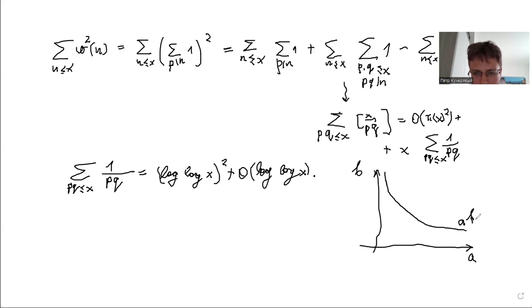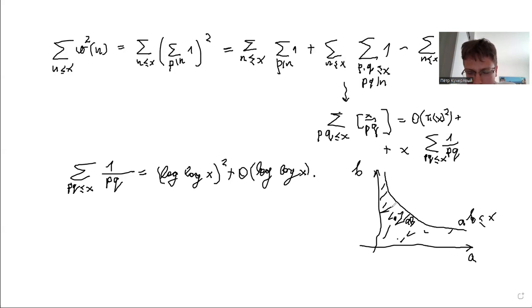AB is less than or equal to x, and we want to sum 1 over AB over integer points whose coordinates are primes.